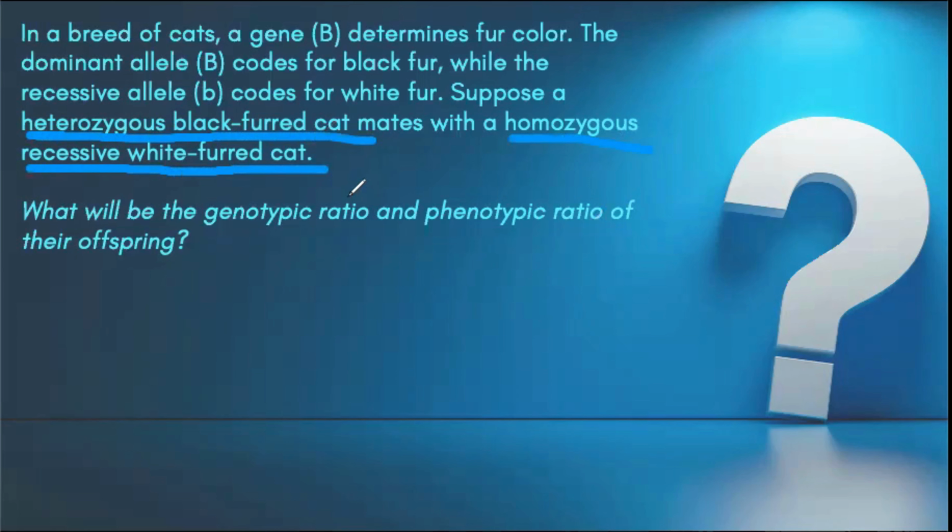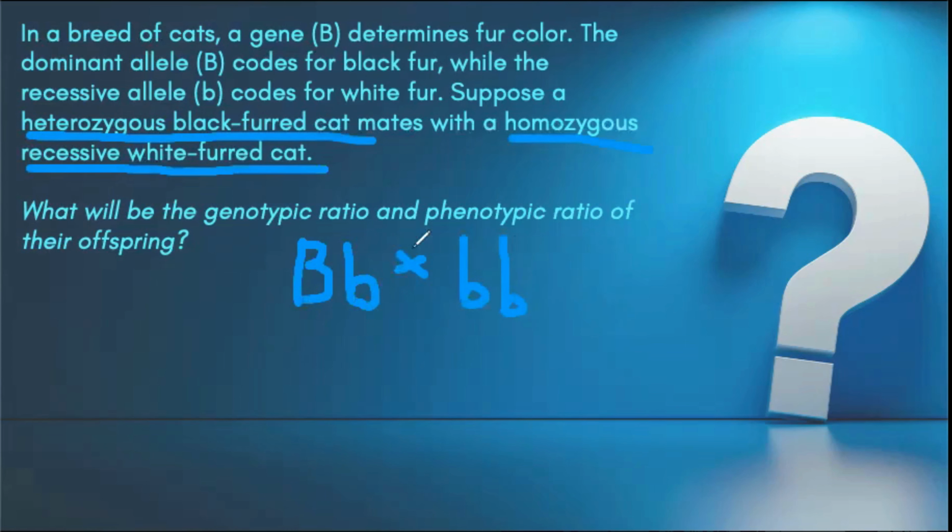Remember, black is considered a dominant gene, so we have big B. Heterozygous, the opposite of homozygous, means two different, so it's big B, little b. And it's going to combine with a homozygous recessive, which lets us know that it's little b, little b.